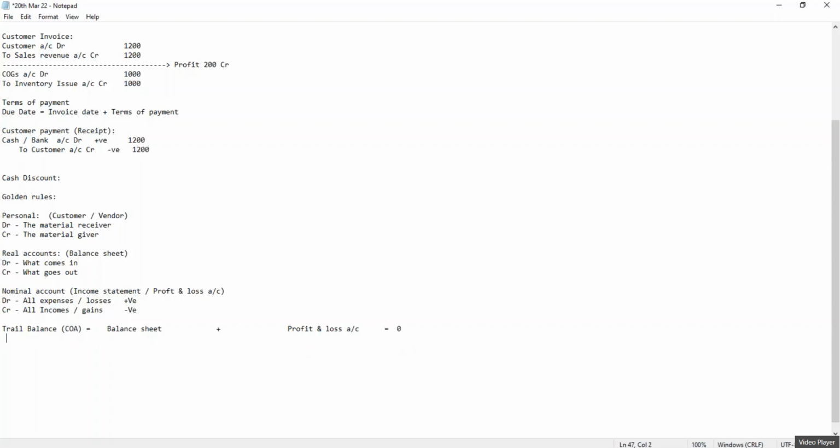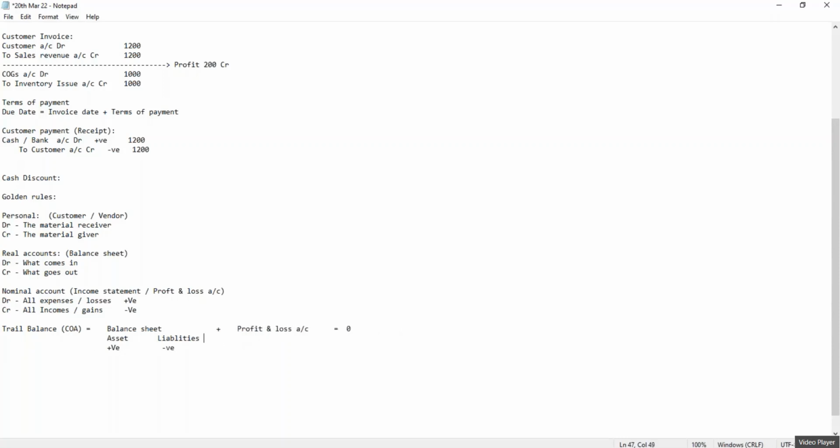Okay, so balance sheet means assets and liabilities. Assets will be represented in positive. Liabilities will be represented in negative. Next, profit and loss account.